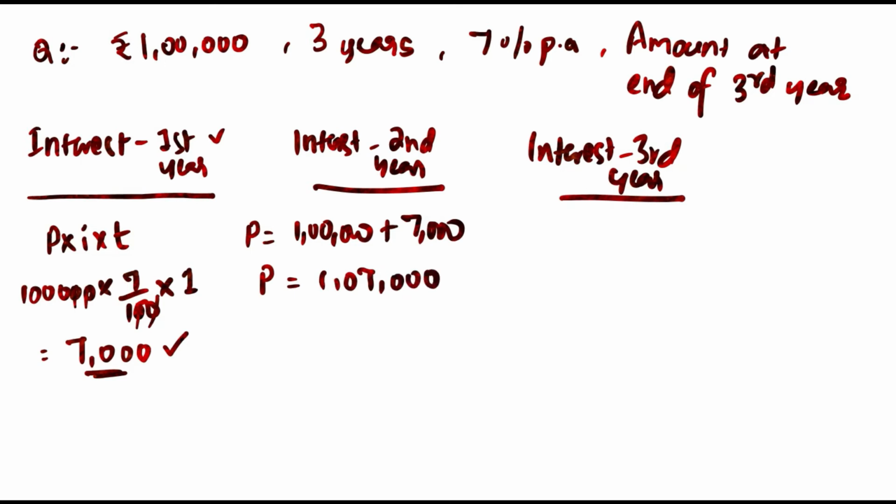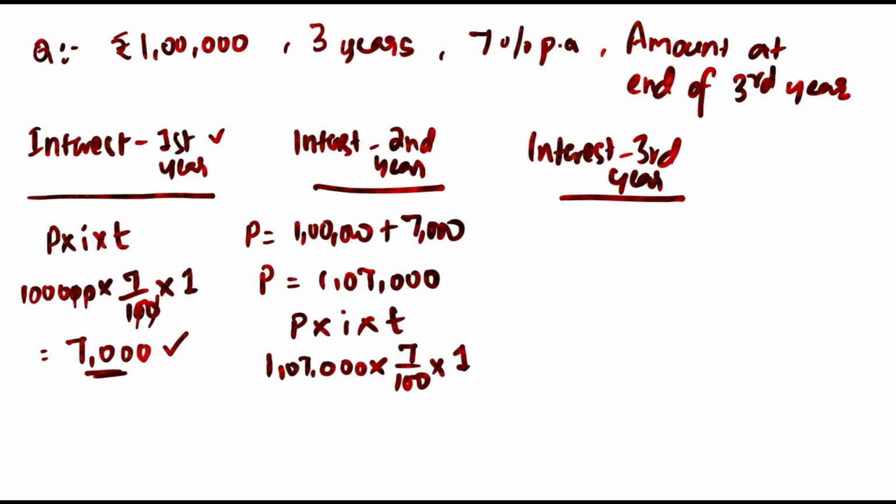Alright. So we'll write the formula once again. P into I into T. Now it is 1,07,000 into interest rate is 7% and time is once again 1 year, because we are just taking the second year, right? So don't write 2 here, we are calculating it separately.